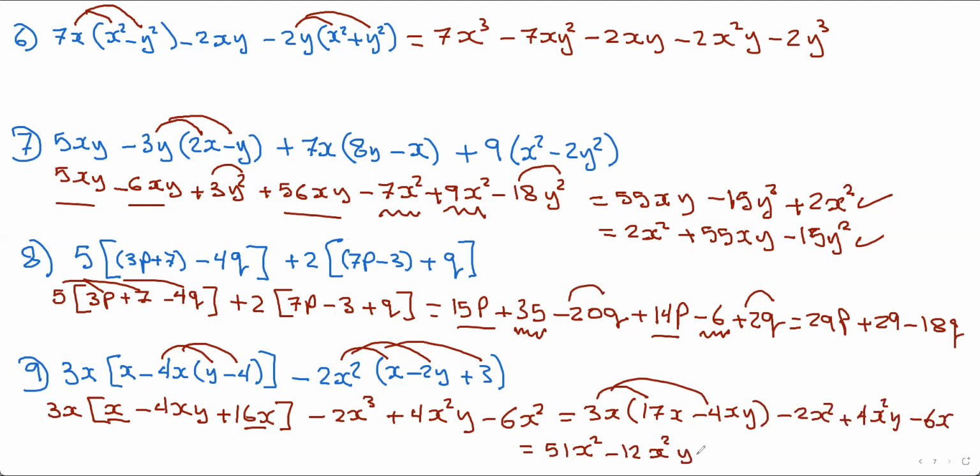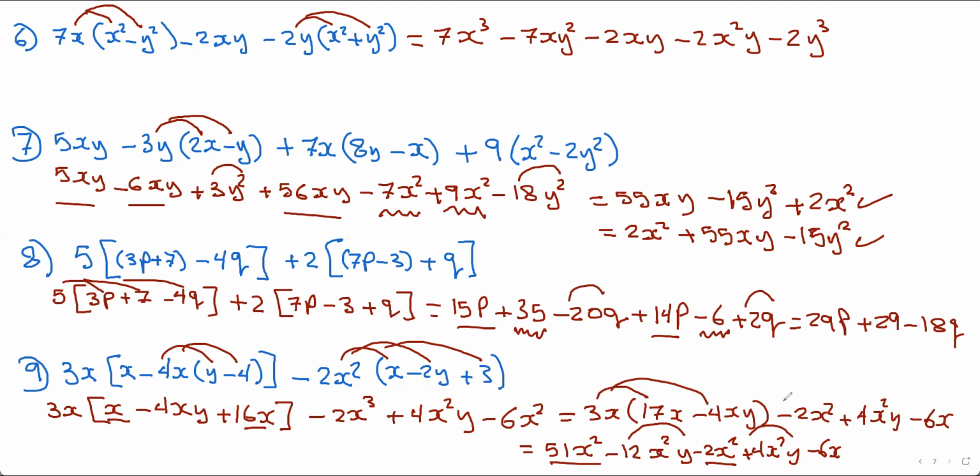And after that, we have -2x squared, which is that, plus 4x squared y minus 6x. Now, like terms is this, and this, and then this, and this, and this is a loner, so it's just gonna stay. Oh, wow, hold on a second.